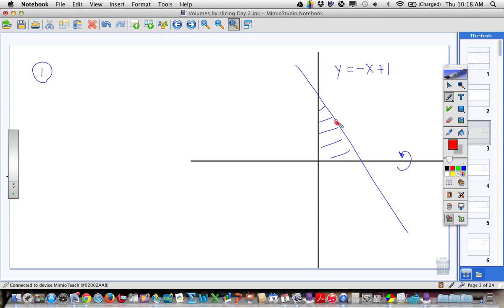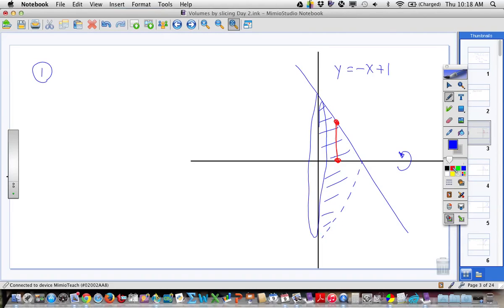So we would take a strip and put it in here like this, and imagine, if you will then, what this solid would look like. What would this solid look like? It would be a cone, because here would be the other half of the solid right here. And it doesn't matter if you draw this or not, but basically what we would have would be this cone right here.